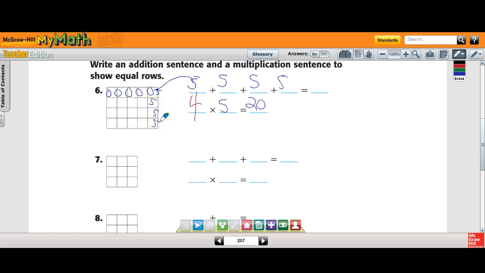And I just add all those. So 5 plus 5 plus 5 plus 5 will be 20. Same thing. You're just using 2 strategies. Okay, this one is called what again? Repeated addition. Yes. And this is just a multiplication sentence to help you.